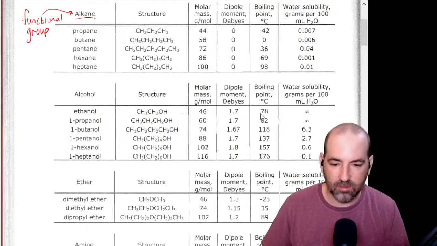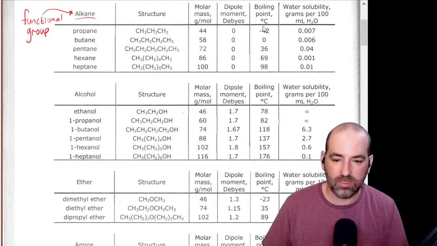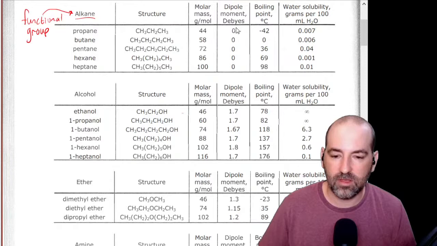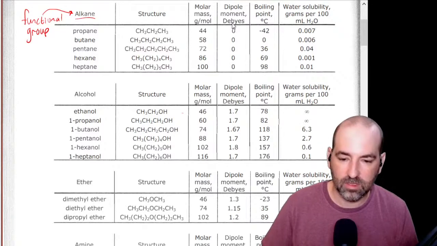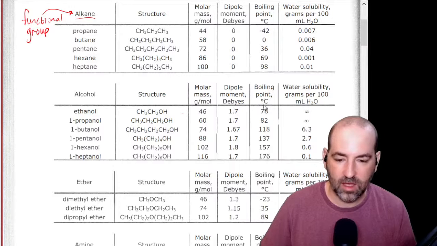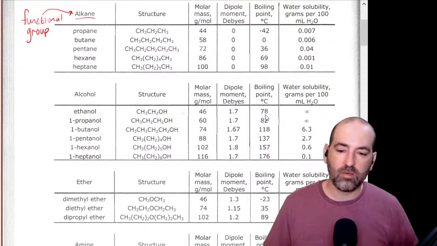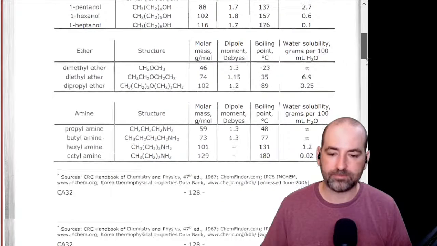So much, much higher boiling points here, somewhat higher here, lowest here, and that does seem to correlate directly with the dipole moment. So the lowest polarity, lowest boiling point, highest polarity, highest boiling point. So it's asking you to make these connections between looking at things on the table.